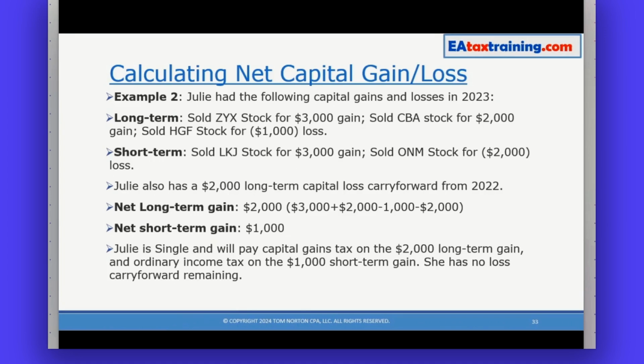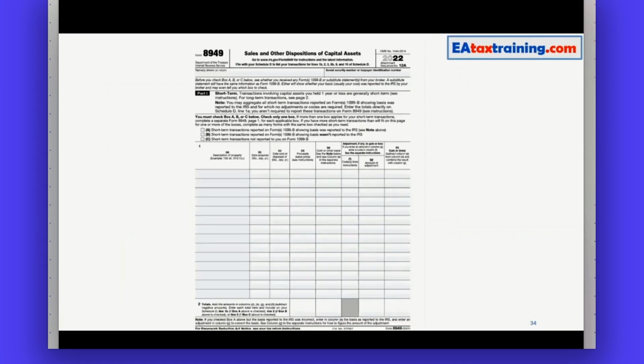So now we don't need to net these two together. She's simply got two different kinds of gain. She's single. She's going to pay capital gains tax on the $2,000 long-term gain, and she's going to pay ordinary tax on the $1,000 short-term gain, and she's got no loss carry forward remaining. She used it all up.